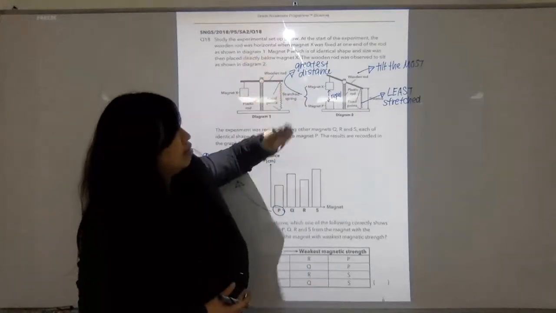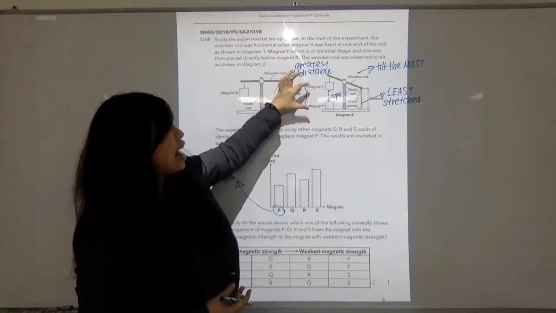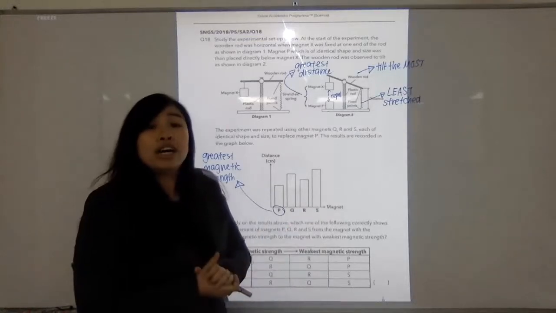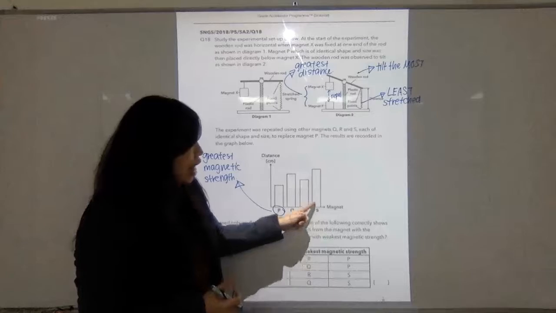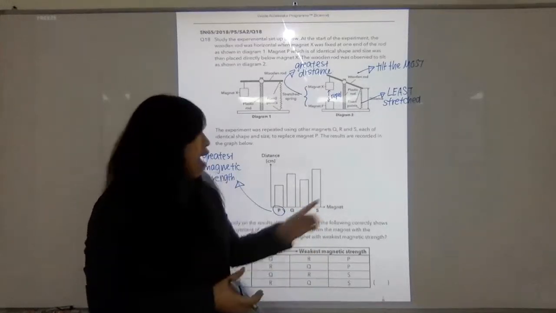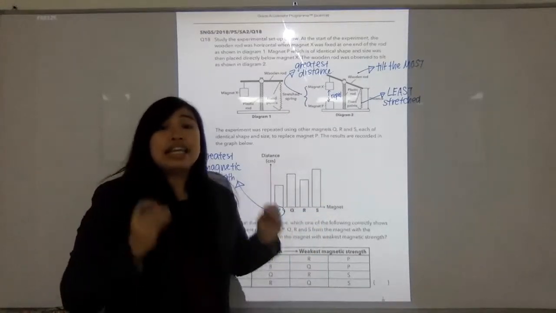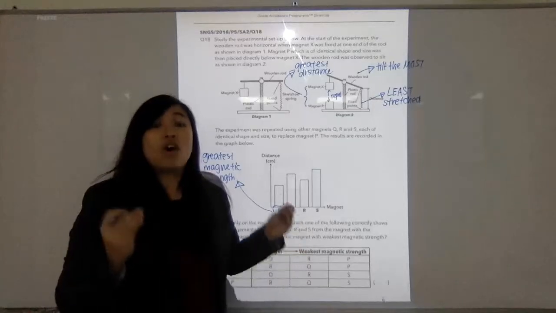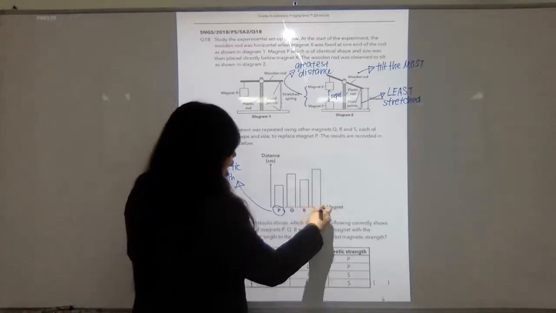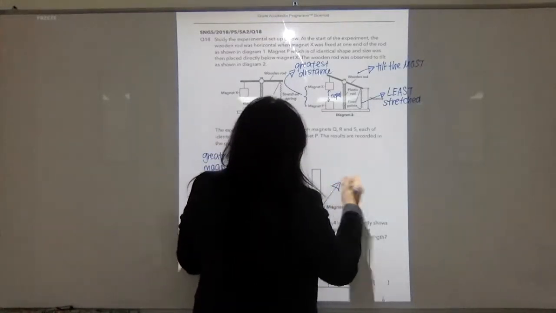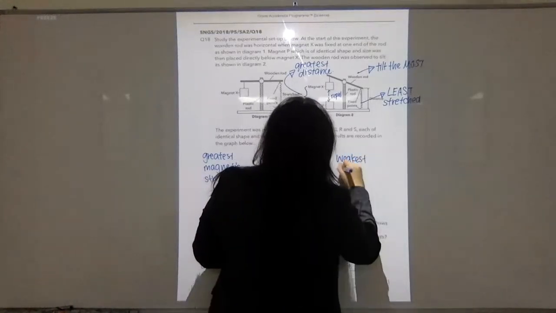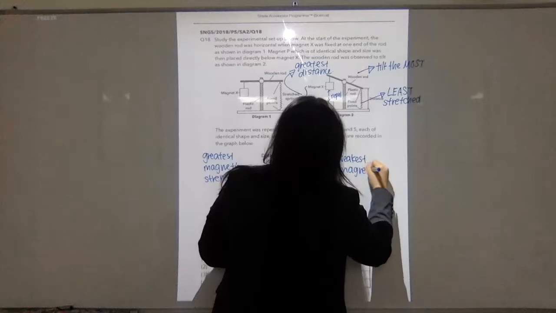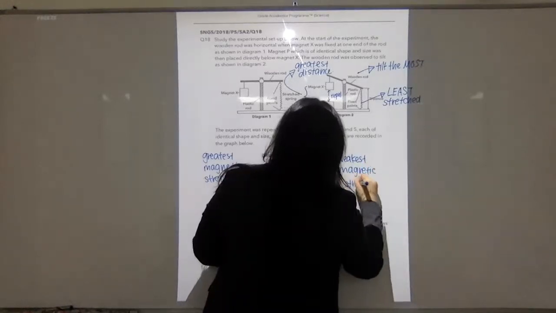If the wooden rod tilted the least, this means that magnet X and magnet S moved the least away from each other. This shows us that when S was used, S exerted the least amount of magnetic force of repulsion. In that case, we can conclude that over here, S has the weakest magnetic strength.